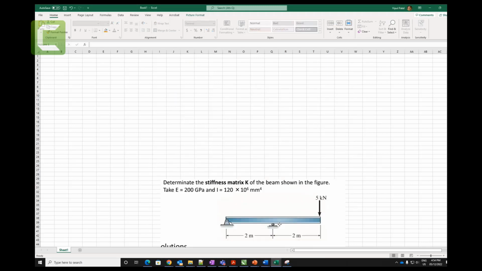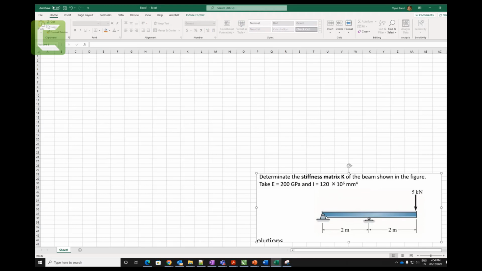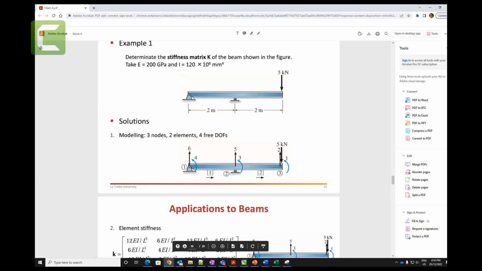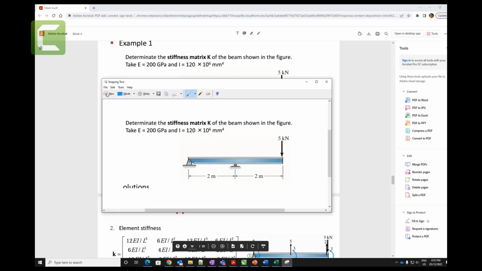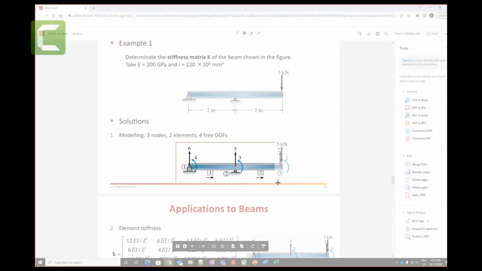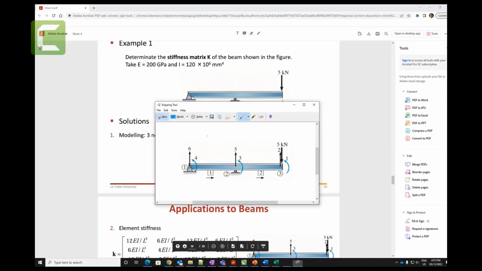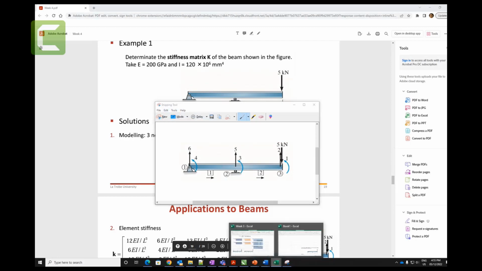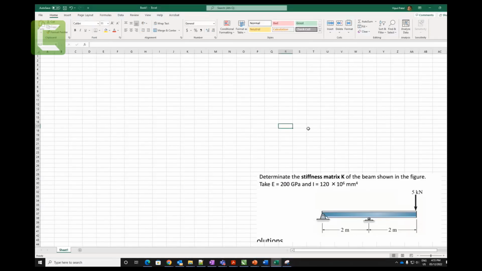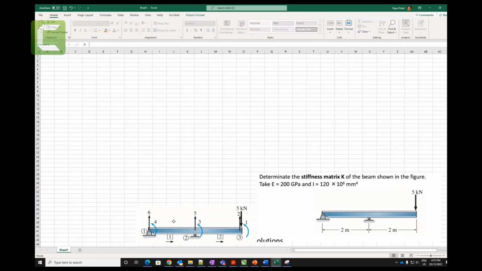Let's put one somewhere here for the reference. Let's get another one. We need the modeling one as well. Let's get this modeling one. So let's copy this and put this modeling one here as well. That's what we needed.